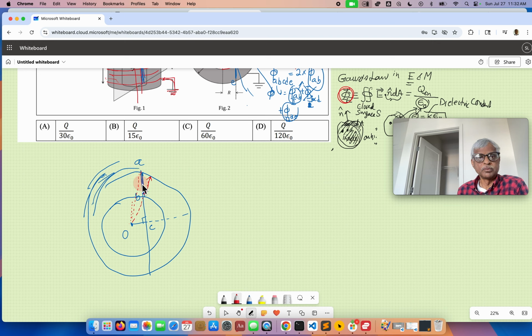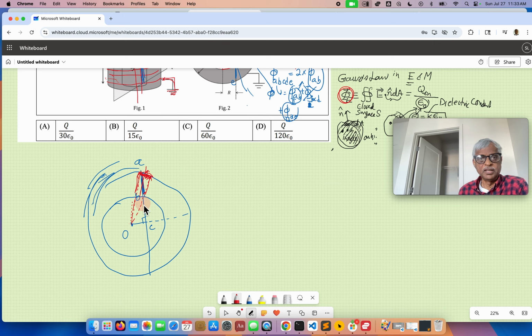You can see that in this angle, anything that comes in this angle will go through here, right? The electric field from here will go through, cut this, as well as cut the outer electric field line. So anything that cuts this will cut the outer line.